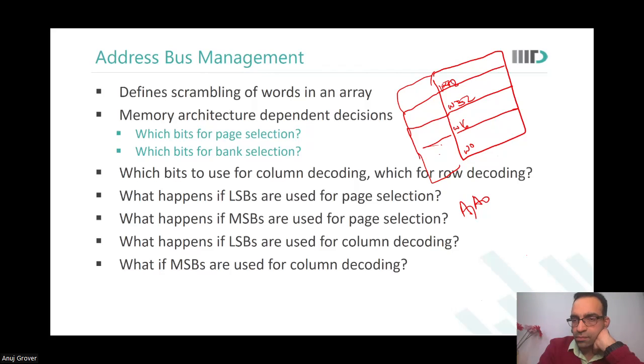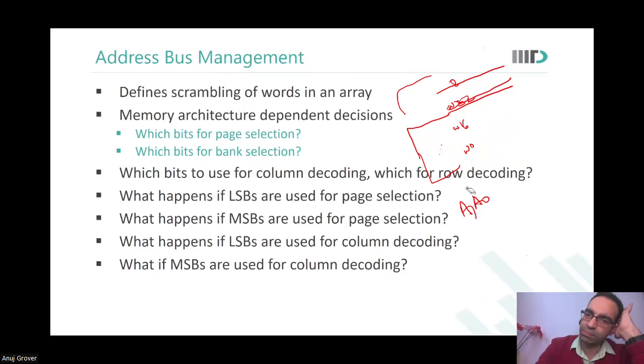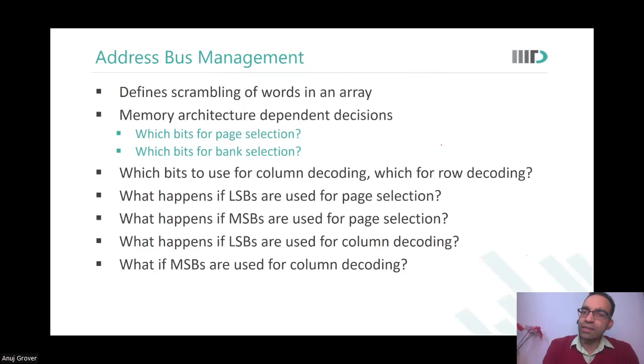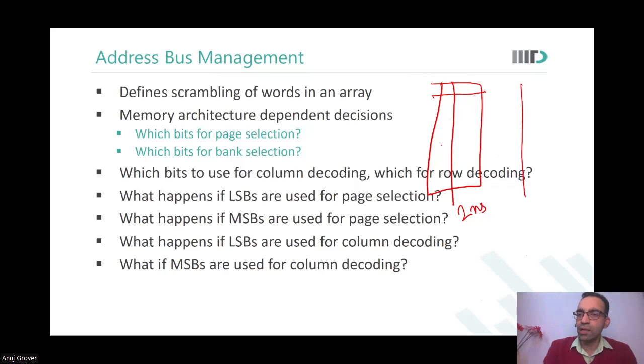But what is a bank, sir? A bank means, let us say you have put extra IOs somewhere. This is hierarchical bitline architecture. We'll come to that a little later, but let me take it now because it is part of address decoding. Let us say I had a memory with this longer bitline, due to which its speed was 2 nanoseconds. I want to operate at 1 nanosecond. So I say this bitline capacitance is huge.